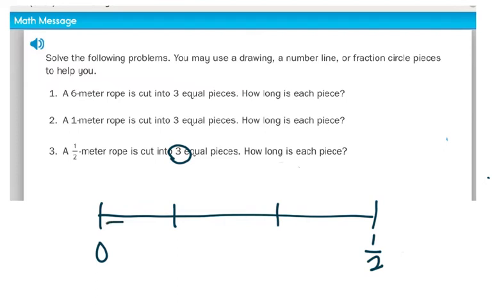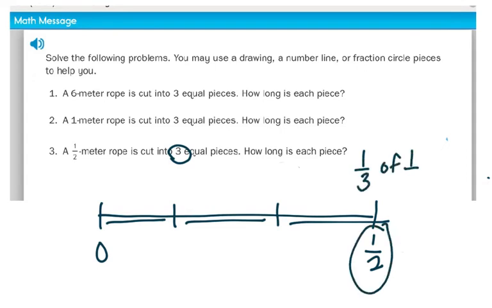What would each of these pieces be considered? It'd be considered 1/3. 1/3 of what? 1/3 of 1/2. Our answer has to be smaller than 1/2 because we're taking 1/2 and dividing it by 3. So what is 1/3 of 1/2? 1/6.